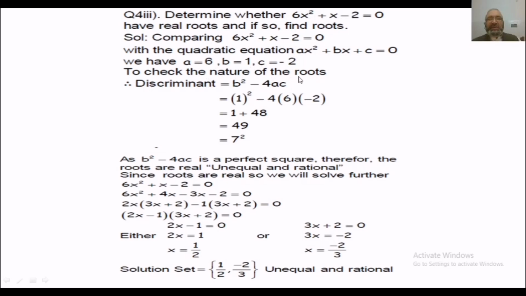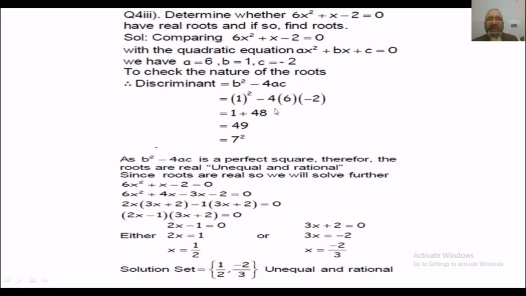To check the nature of the roots, we use the discriminant of the quadratic equation. So discriminant is b square minus 4ac. Putting values of a, b, c, b is 1 square minus 4, a is 6, and c is minus 2.